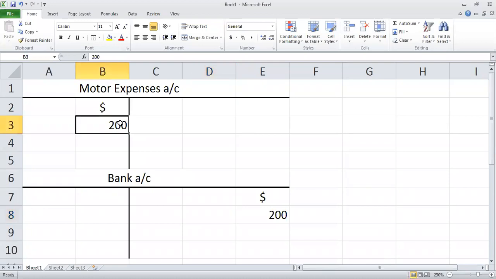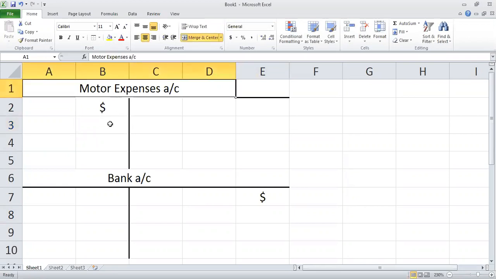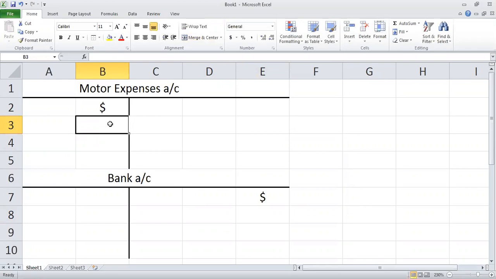So the question said you pay the motor expenses by check for $355. Now because expenses are increasing, you make a debit entry under the motor expense account. Remember, to increase expenses, you make a debit entry.